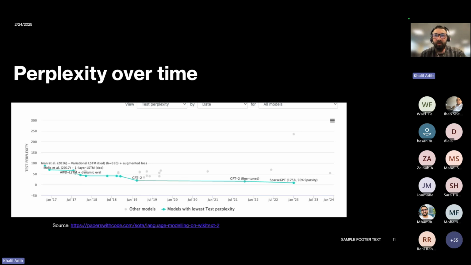Before I carry on, there is one obvious drawback of using probability, as perplexity, as one of the main indicators. Can anyone just on the fly try to catch it? What is the main problem with using perplexity as the main evaluation score?